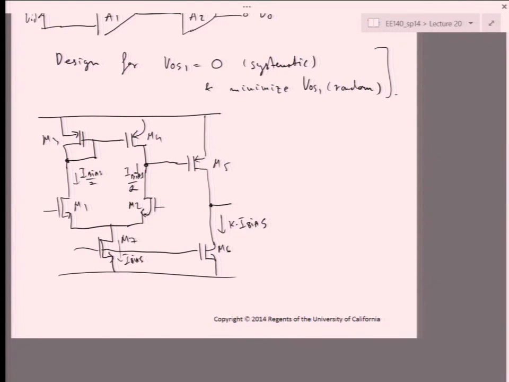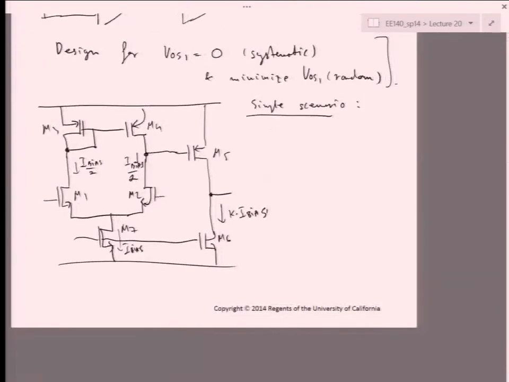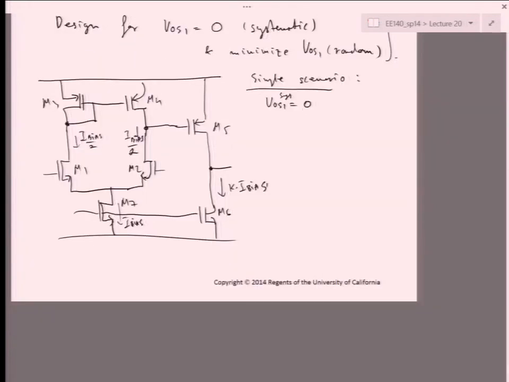So let's say a simple scenario. So I want VOS systematic equals 0, and I'll choose K equals 1/2. So that means that I'm mirroring exactly the current that is in one of these two branches out here.